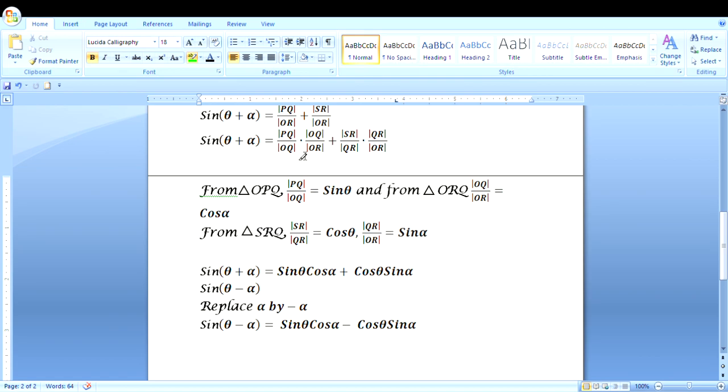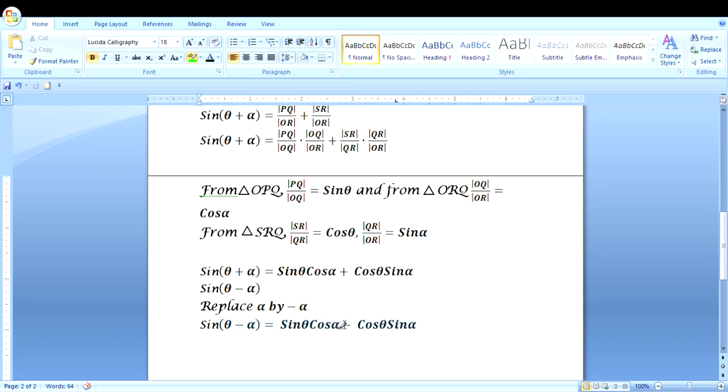Now substituting it in this expression, this becomes sine of theta plus alpha is equal to sine theta cos alpha plus cos theta sine alpha. Now imagine if we are going to derive for the difference, sine of theta minus alpha, we replace alpha by minus alpha, and the expression becomes sine theta cos alpha minus cos theta sine alpha.